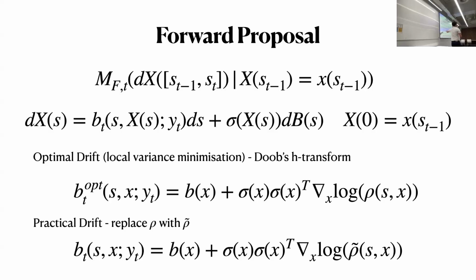So we can't take the optimal thing in general, but we can replace it with something that we think is close to it. We replace it with this tilde thing. What this actually represents is that we replace the transition density of the signal process, which we don't have, in this rho function with the transition density of a linear SDE. And for a linear SDE, we do actually have this thing.